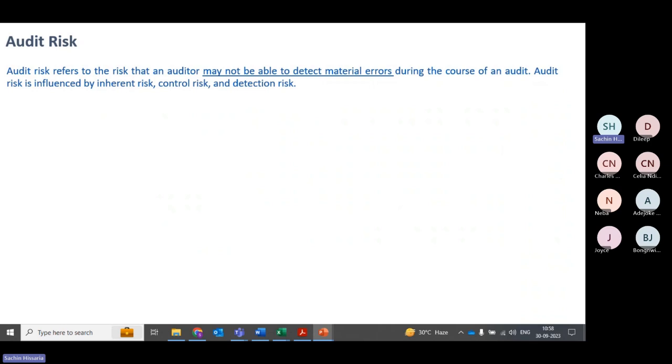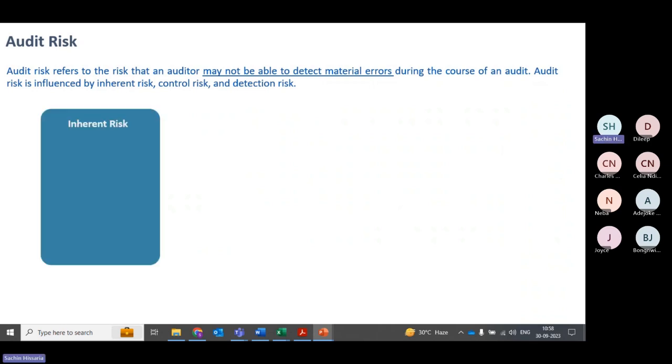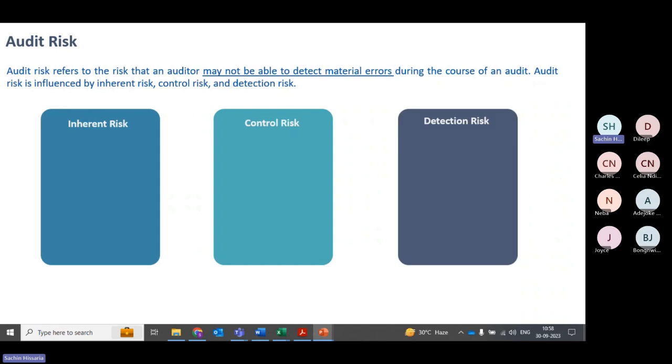Now, what is an inherent risk? Let's discuss the same. Inherent risk is the risk that an activity possesses excluding any controls or mitigating factors. So, inherent risk is also known as a gross risk, that is, a risk before the controls are applied. As an auditor, when you go for audit, you will check the control.